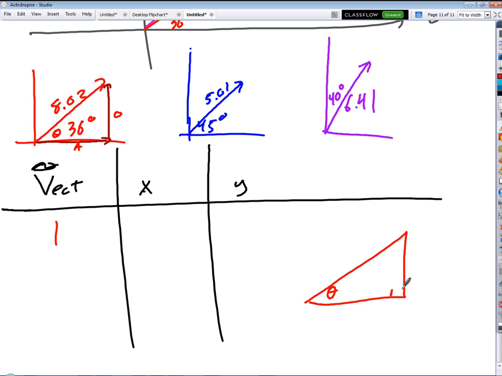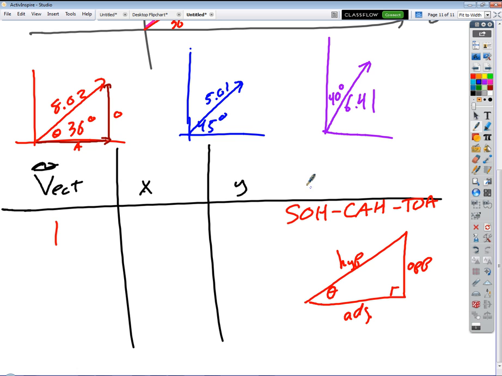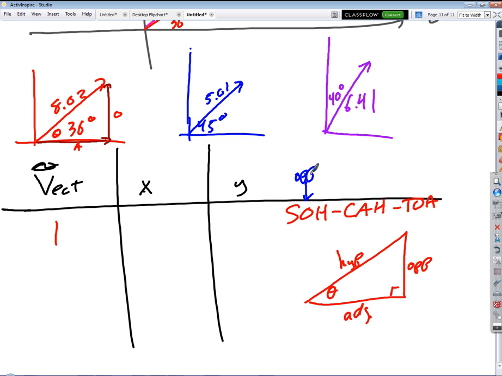If this is our right triangle, opposite, adjacent, hypotenuse, and we spell SOHCAHTOA like that, this tells us that sine goes with opposite and cosine goes with adjacent.